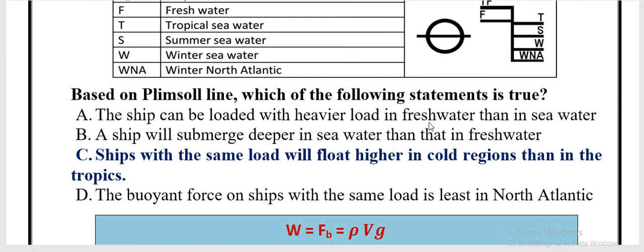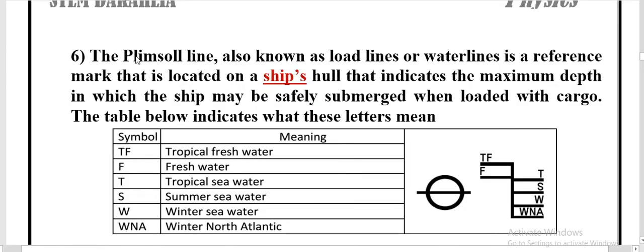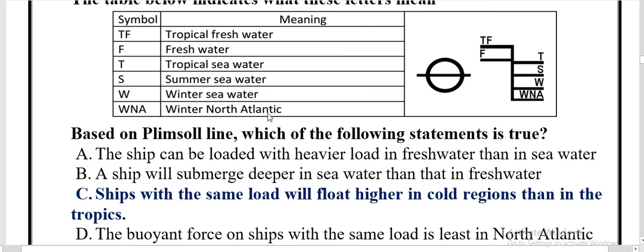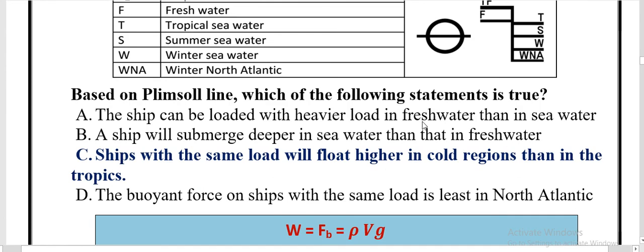No, as in fresh water the ship which has maximum load, the displaced volume increased, and that's not true. A ship will submerge deeper in seawater than in freshwater: not true, as the volume in seawater will be less as its density will be higher.